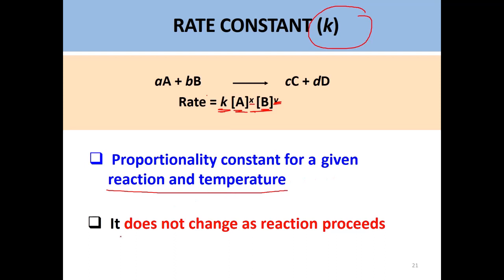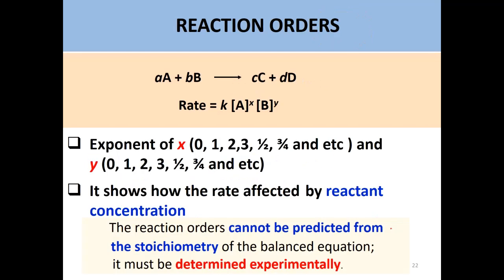It does not change as the reaction proceeds. The exponent x can be 0, 1, 2, 3, half, 3/4 and so on, and y can be 0, 1, 2, 3 and so on. So it shows how the rate is affected by reactant concentration.